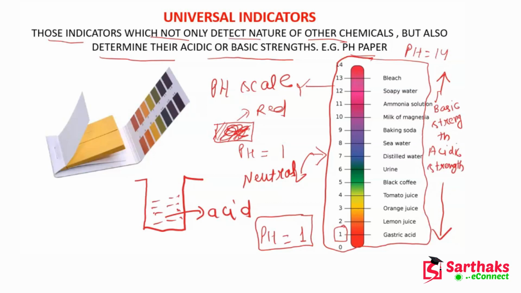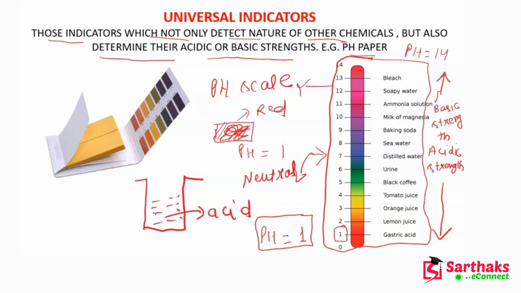Like this, and at 7 it is neutral. So I hope you understand what universal indicators are and how we detect the nature of a chemical substance by using universal indicators.